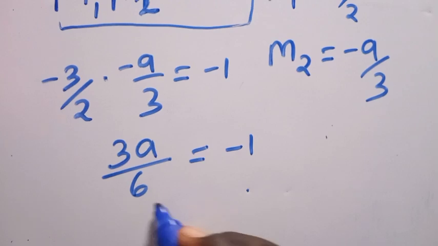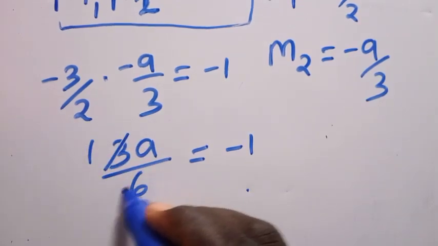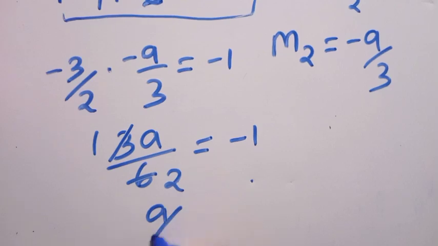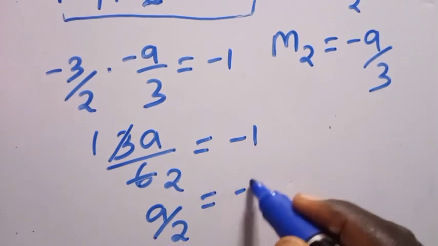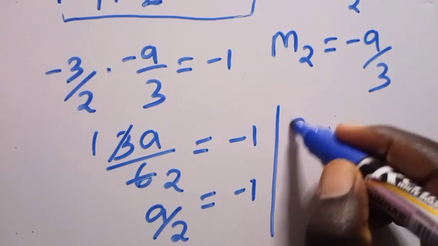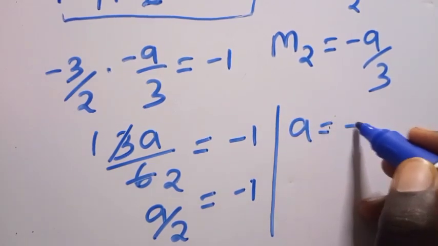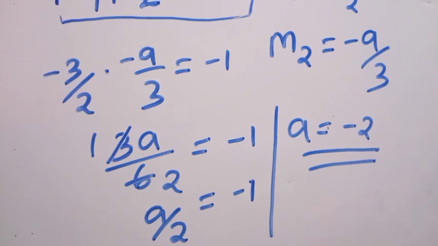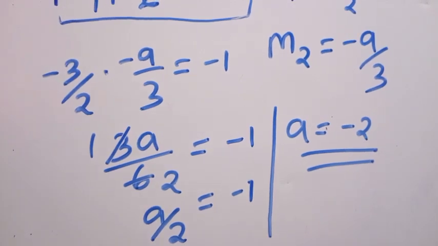If I simplify by 3, I have a/2 = -1. If I multiply by 2 on both sides, I shall have a = -2. And therefore, that is the value of a.